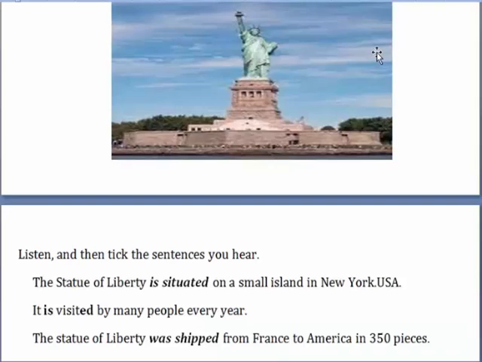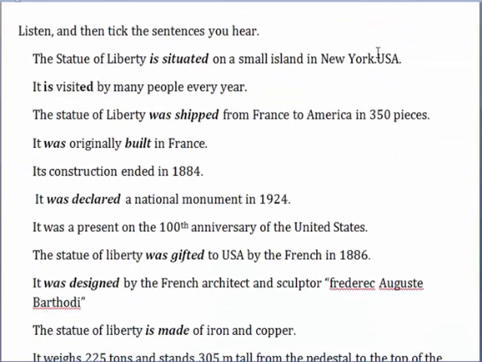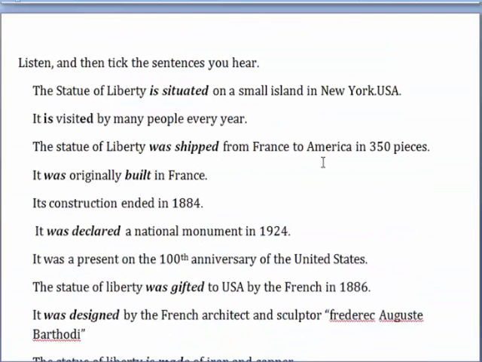Good. So now you are going to listen and tick the sentences you hear about the Statue of Liberty. I'm going to describe the Statue of Liberty. You have 10 sentences. Just tick or identify the sentences you hear, only the sentences you hear.